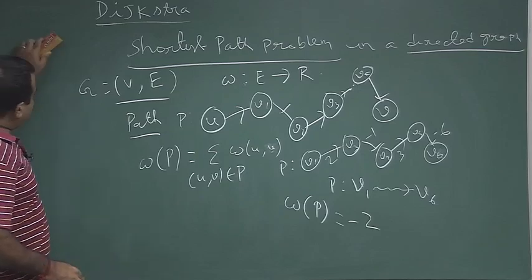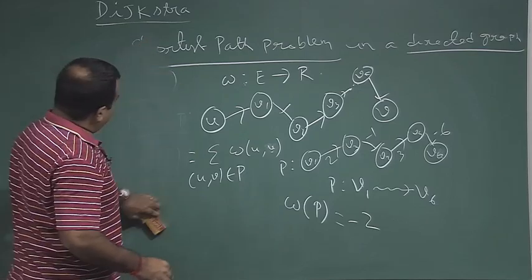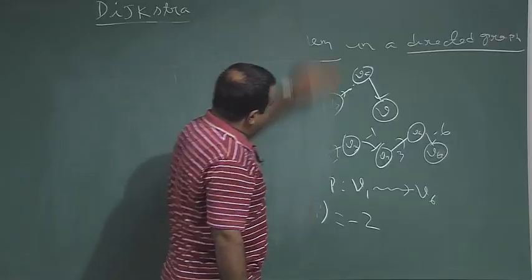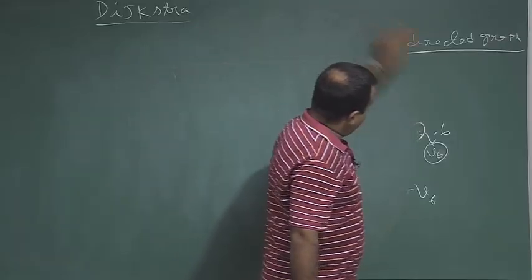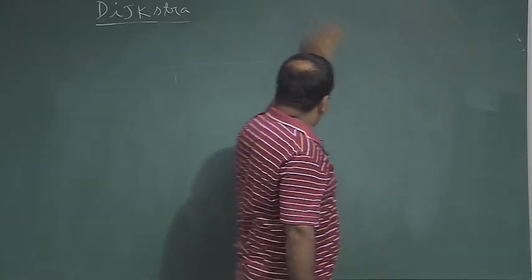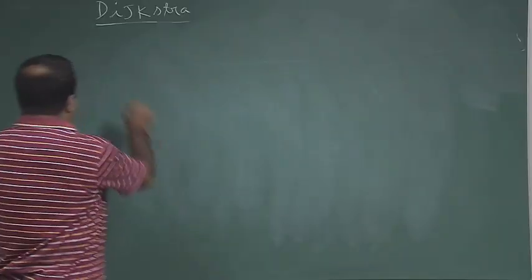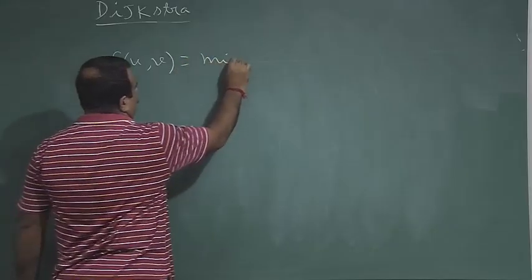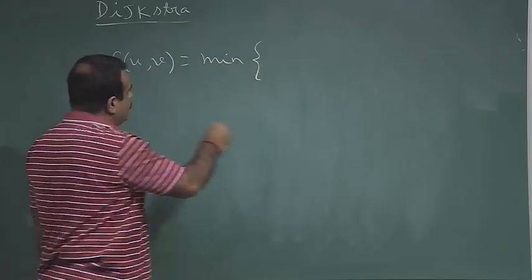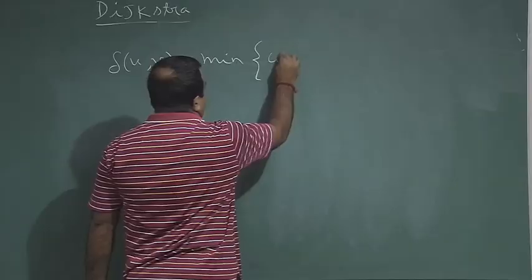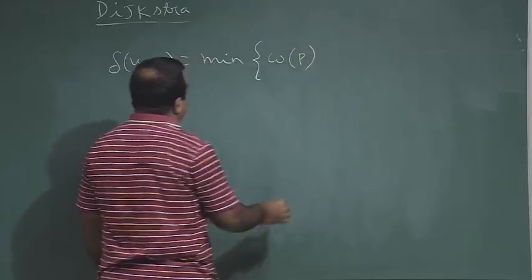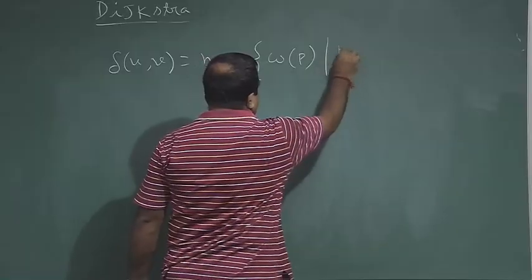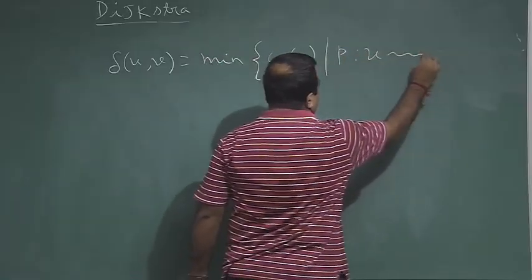Okay. So, now we want to find the shortest path between two nodes u and v. If we denote the weight of the shortest path by delta(u, v), this is the minimum among all the path weights, where p is a path from u to v.